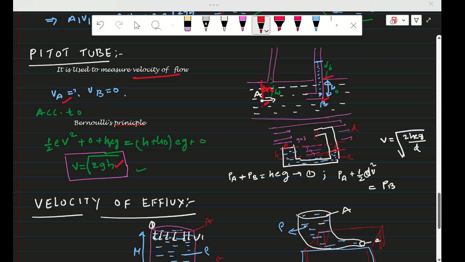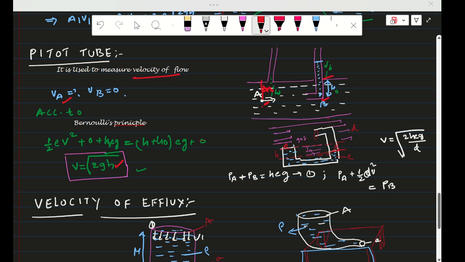Consider any 2 points, A and B. The pressure at A minus the pressure at B, the pressure energy, is equal to H rho g. Applying Bernoulli's law, PA plus half d V square equals PB. So you will get V equal to root 2H rho g by d.